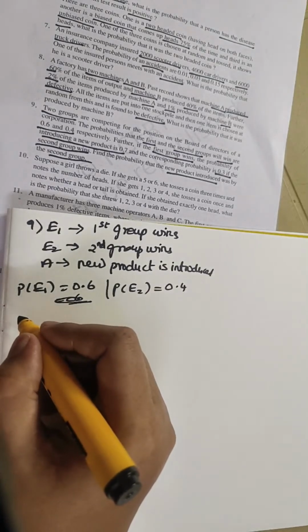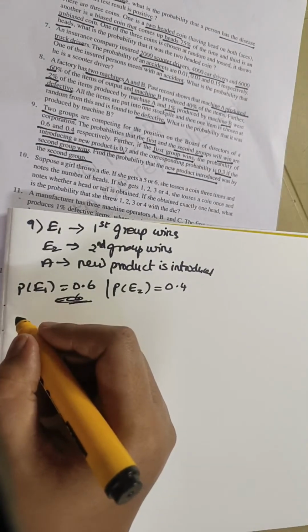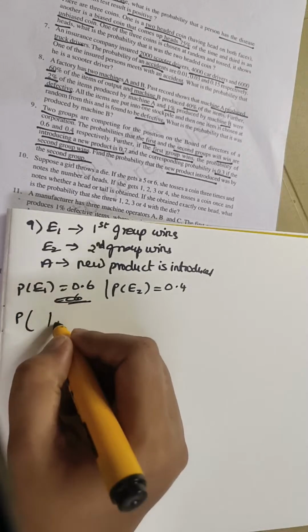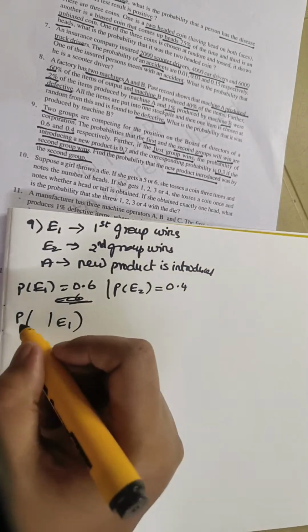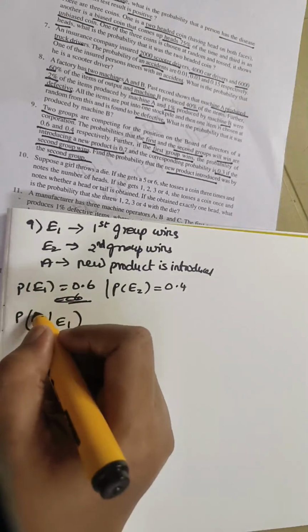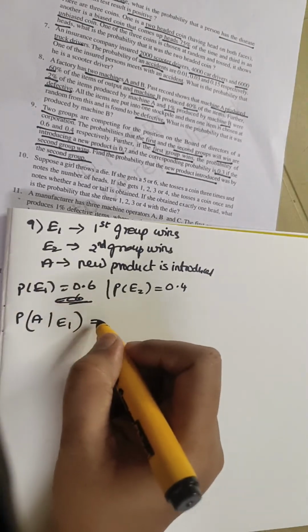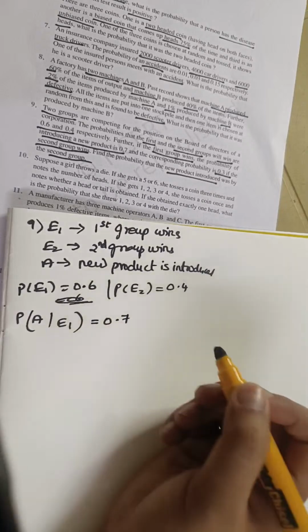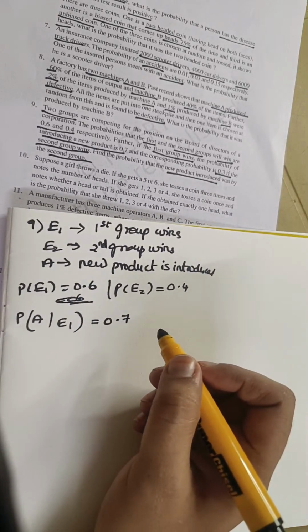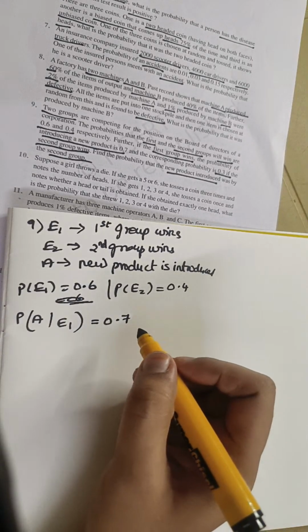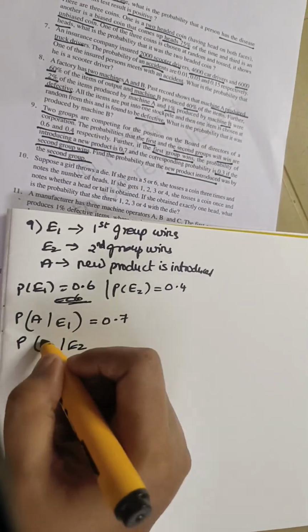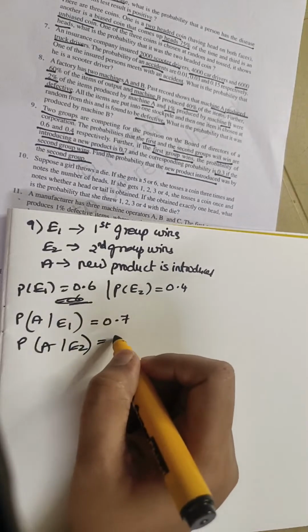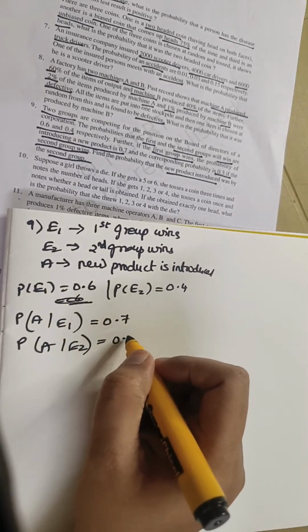Further, if the first group wins, the probability of introducing the product, which we have taken as A, is 0.7, and 0.3 if the second group wins. We know that the second group wins and the probability of introducing is 0.3.